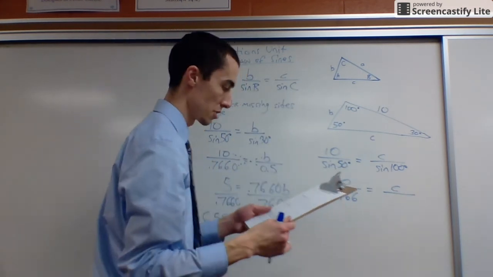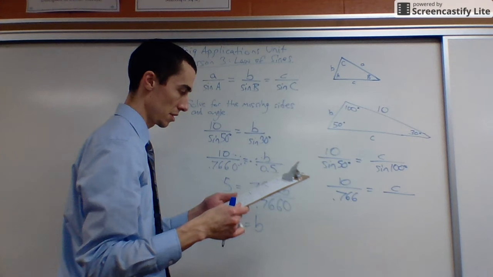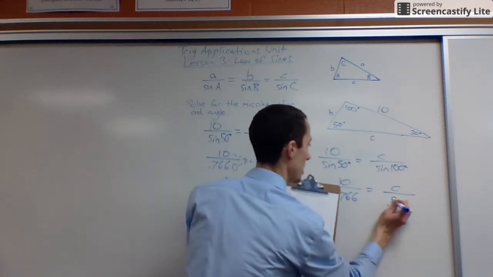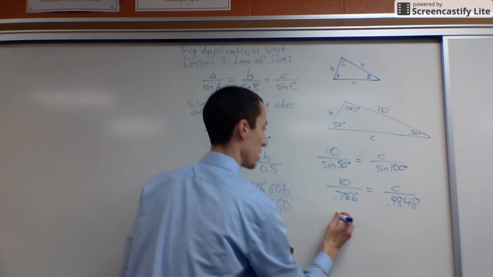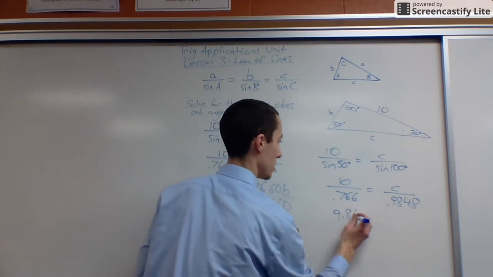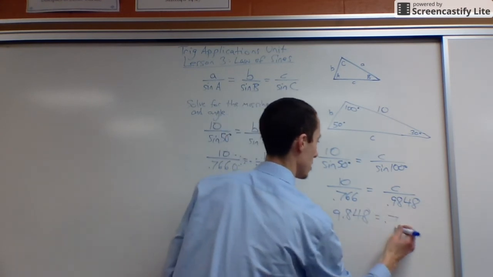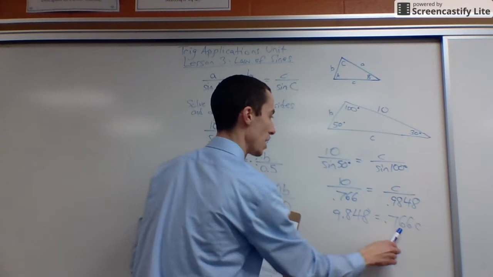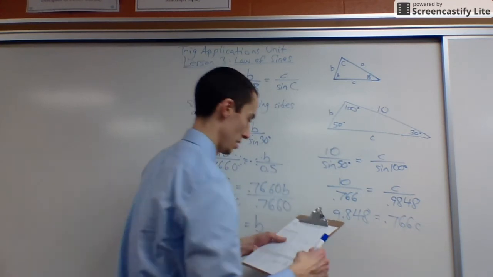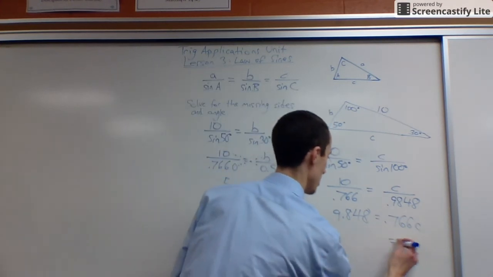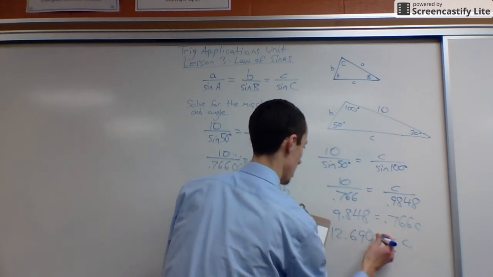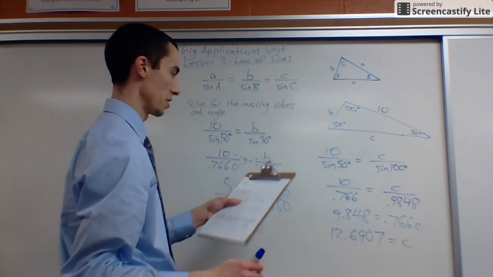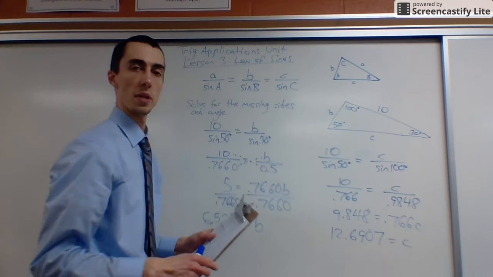Enter the sine of 100 degrees into your calculator, and you're going to have 0.9848. Cross products, and then divide by 0.766, and we'll have that C equals 12.6907 rounded to 4 decimal places.